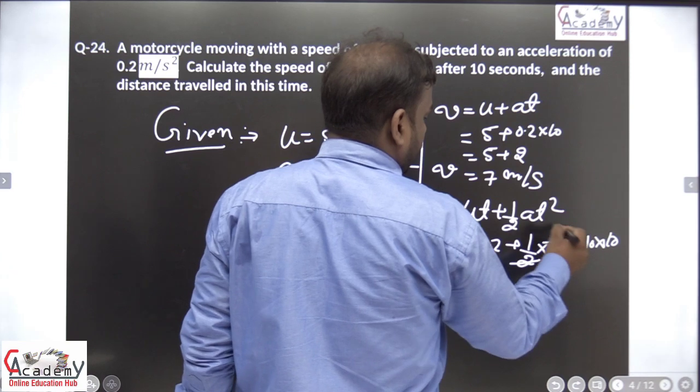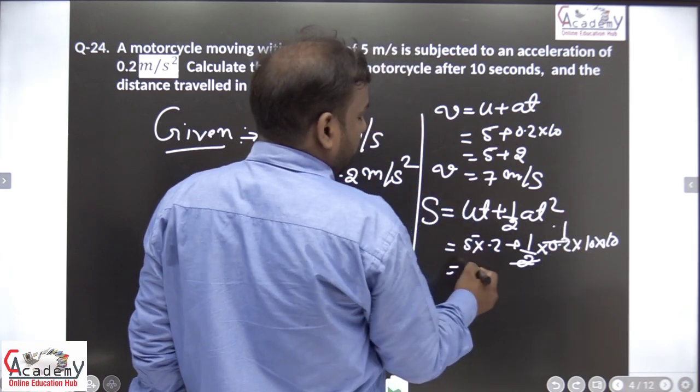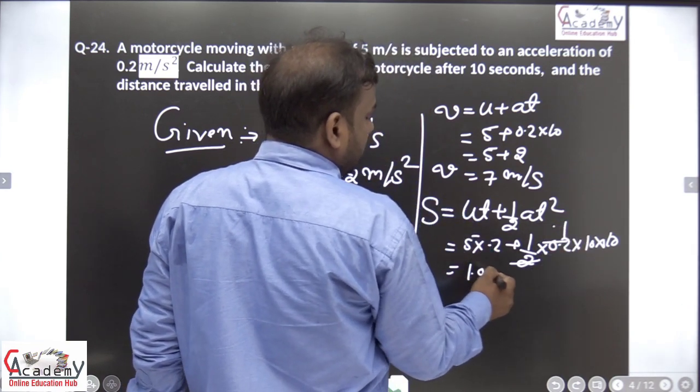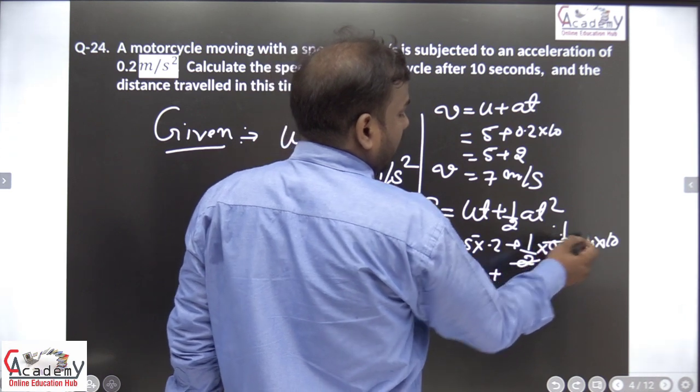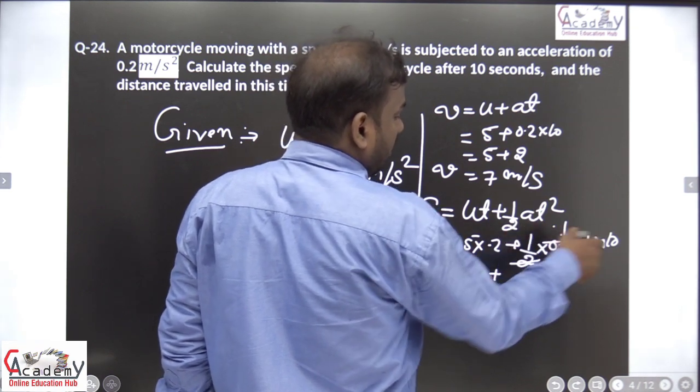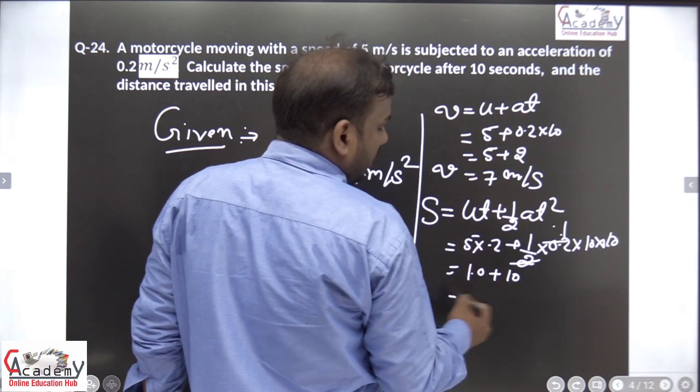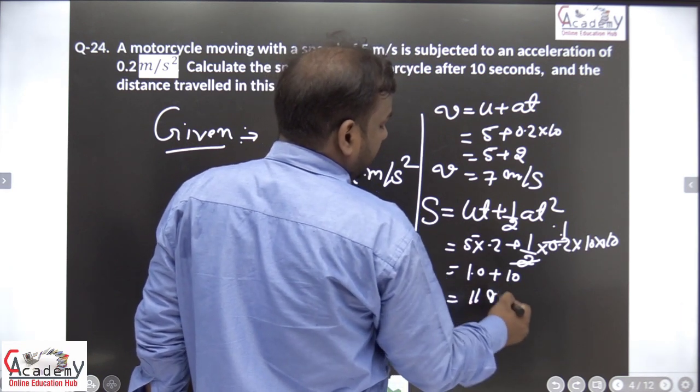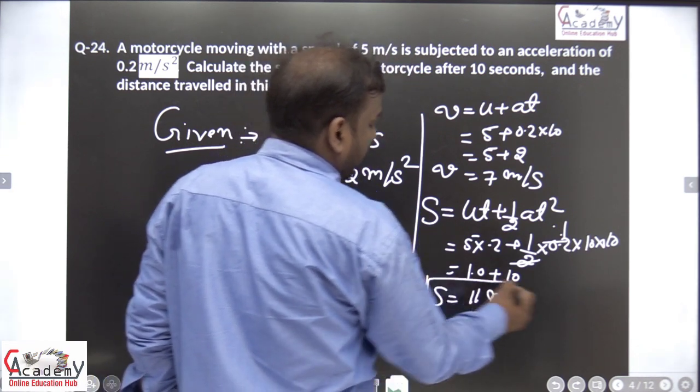Cancel out: 0.1 multiplied by 100 is 10, so 5 times 10 is 50... plus 10 gives 11 meter. That's your answer.